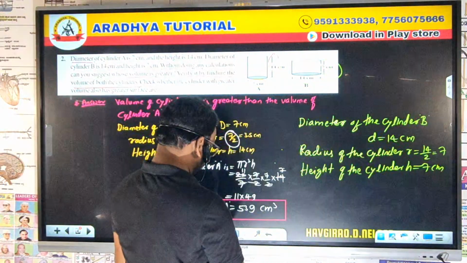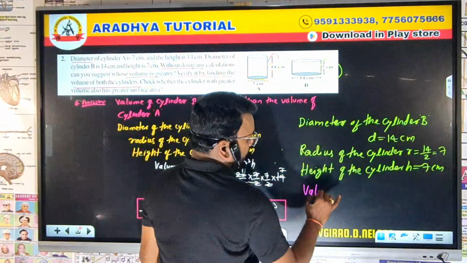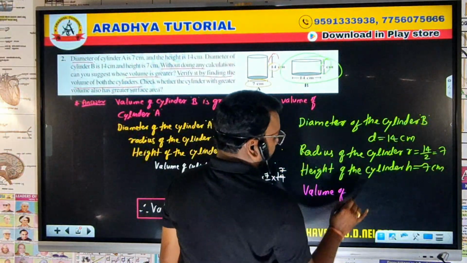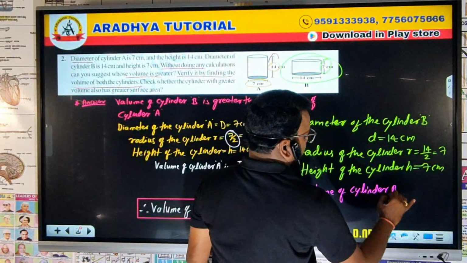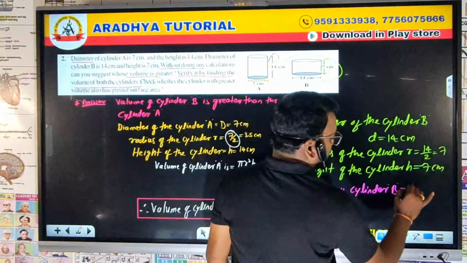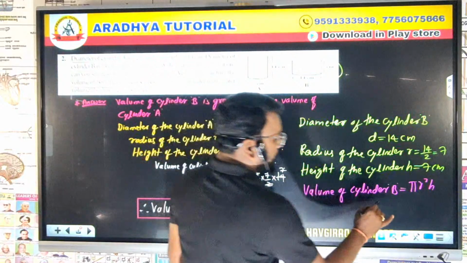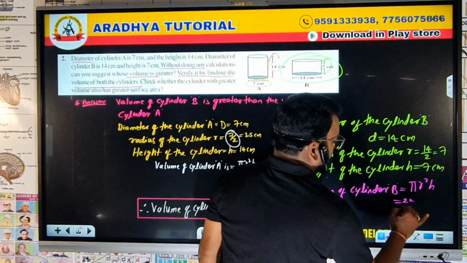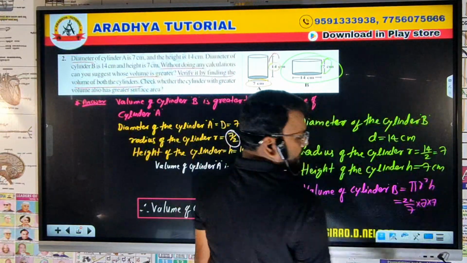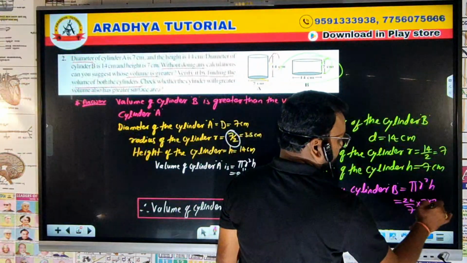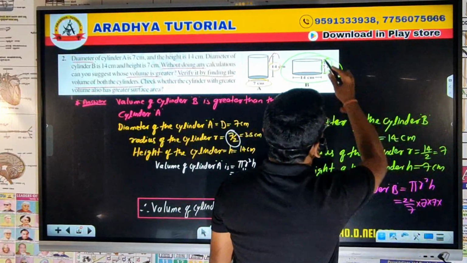And afterwards you have to find volume of cylinder B. Cylinder B is pi r square h. Formula pi r square h. Here pi is 22 divided by 7 into r, which is 7 into 7. That's r square, that means 7 into 7, 7 square, into h is 7 centimeter.